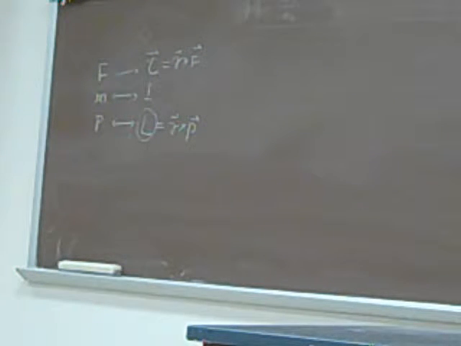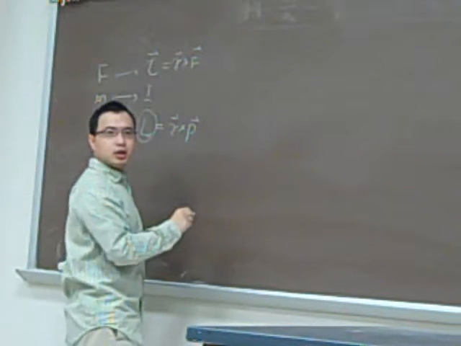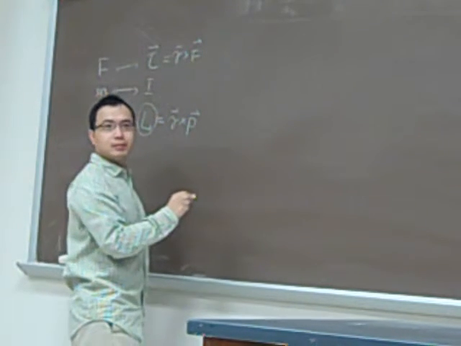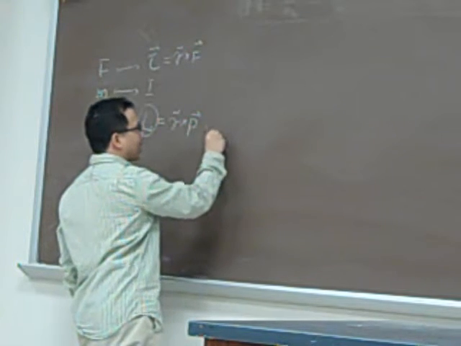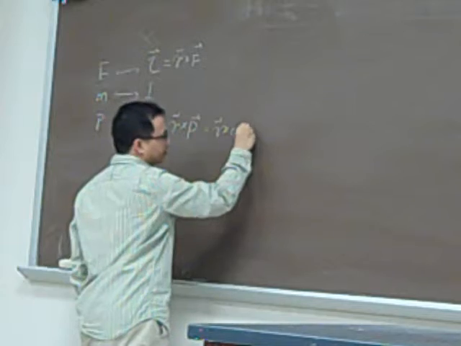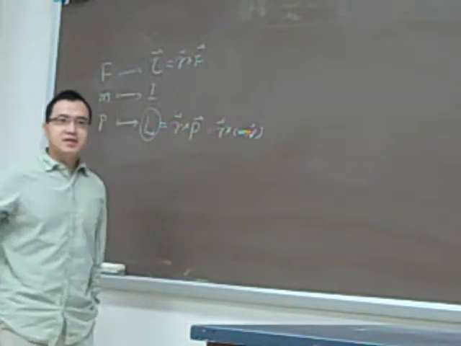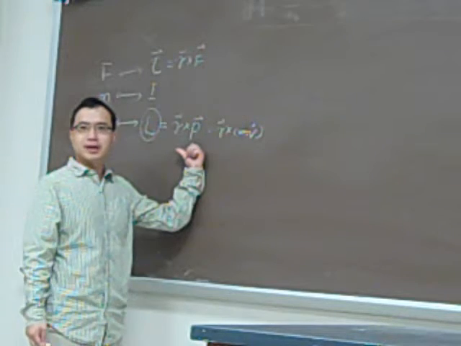Of course, with the cross product, you can further expand it in different ways. Since P equals M multiplied by V, this is R cross M V. And M is a scalar, so you can factor it out before the cross product.